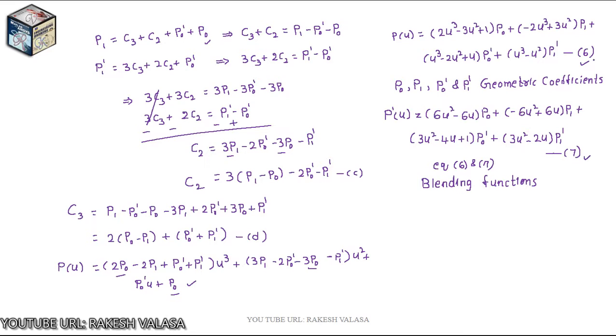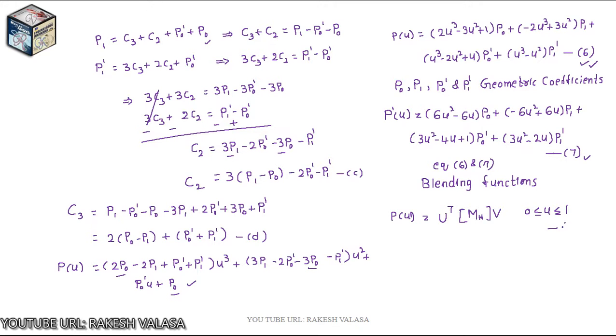Now you can write equation 6 in the matrix form, that is P of U equal to U transpose MH V, where 0 less than or equal to U less than or equal to 1.